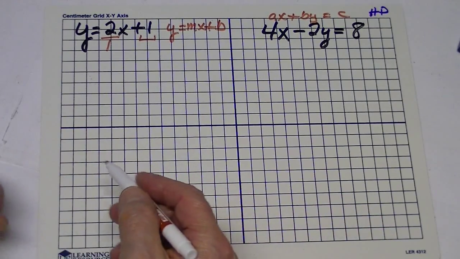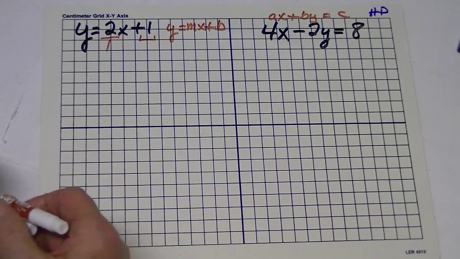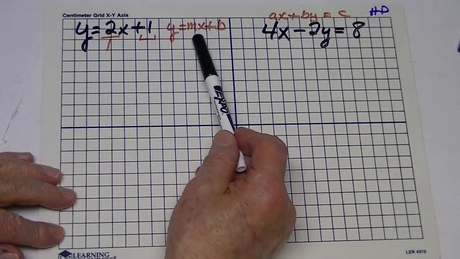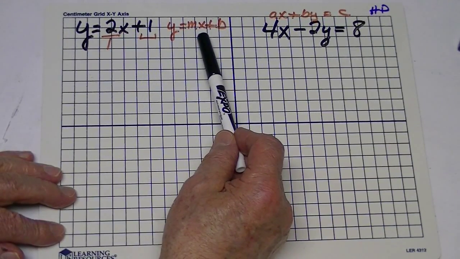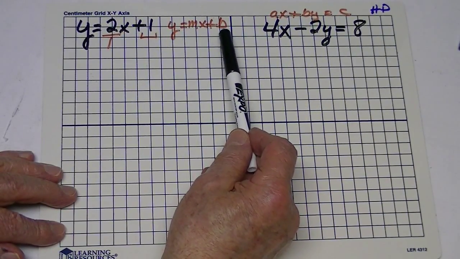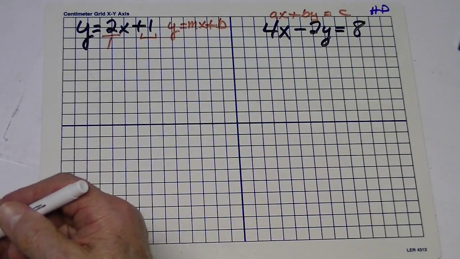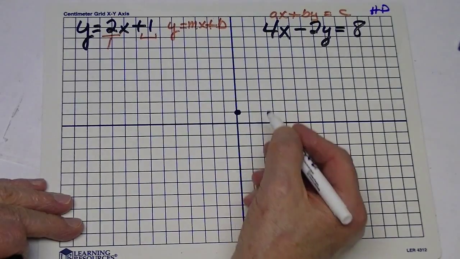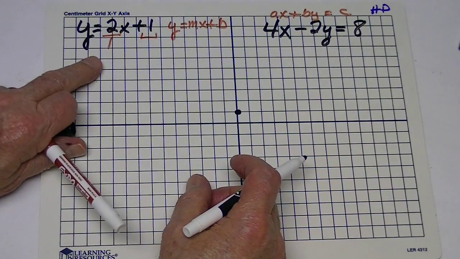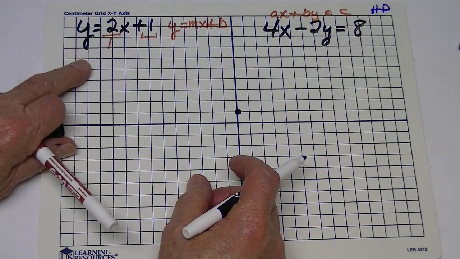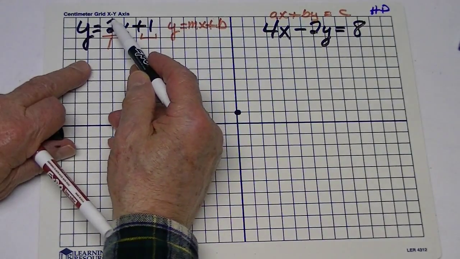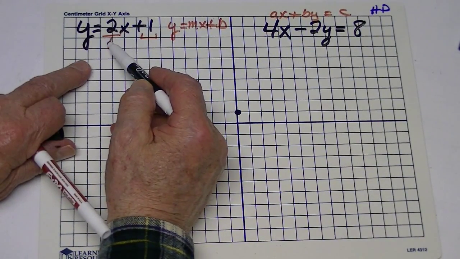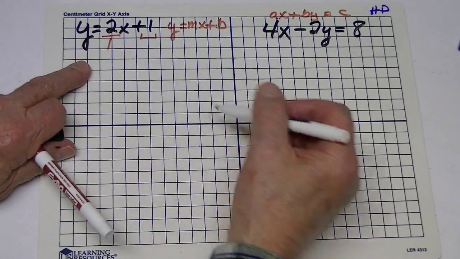So we had said that when it's in slope-intercept form, it's very easy to graph it by first graphing the y-intercept, which is a positive 1. And then you look at the slope, 2 over 1. The top part is y units over x units, and it's positive.